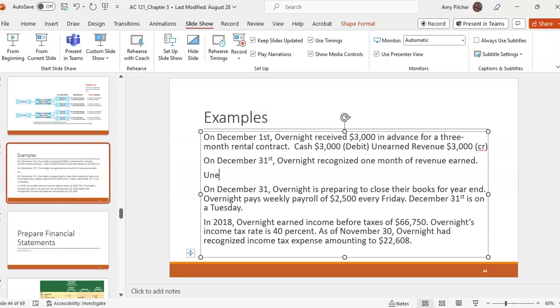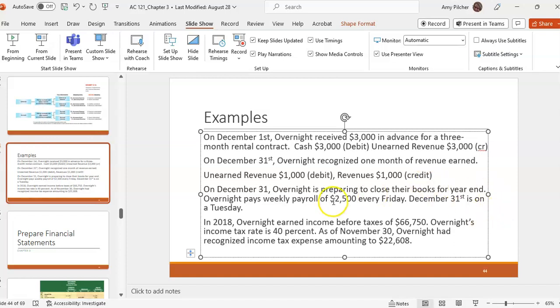We're going to debit our unearned revenue account for 1,000. And then we're going to credit the revenues account for 1,000.